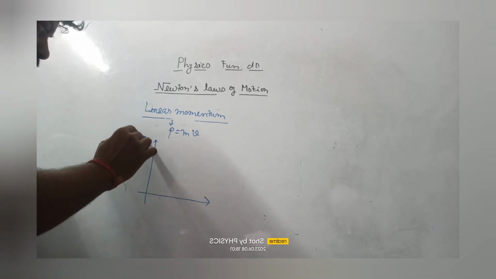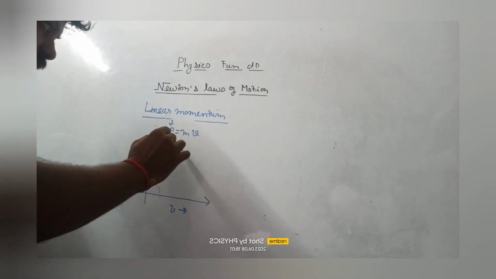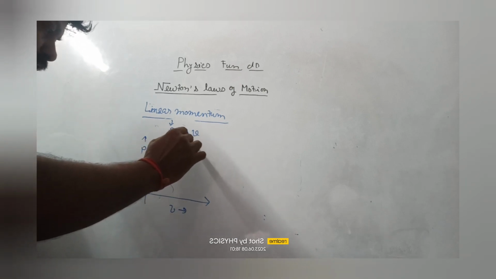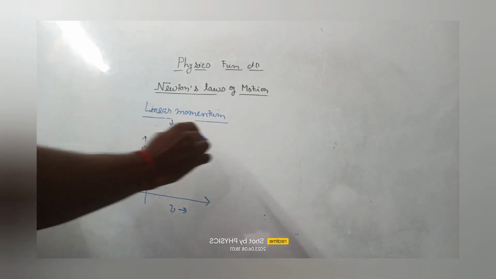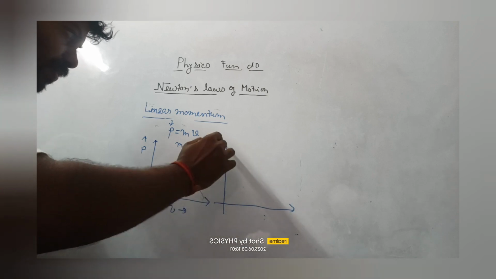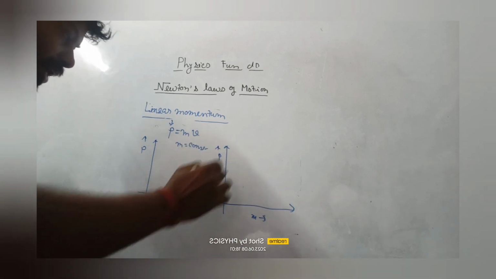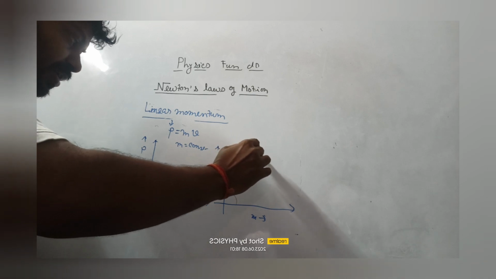First, p versus velocity, where mass m is constant. Second, p versus m, where velocity is constant.